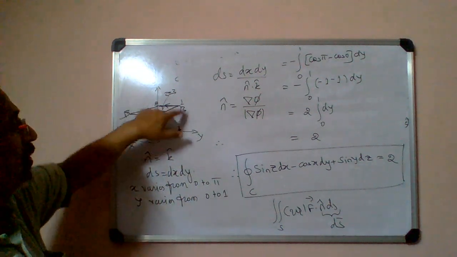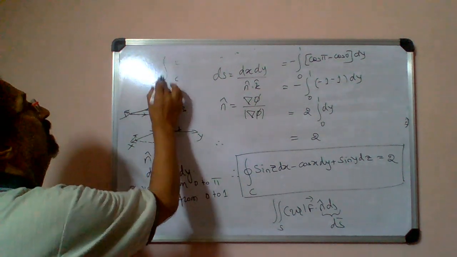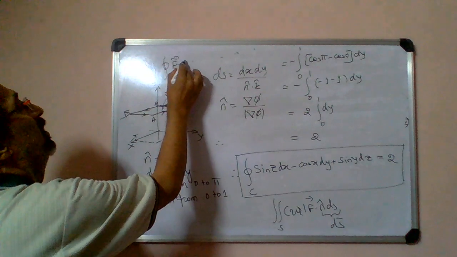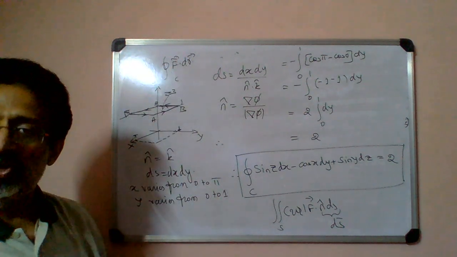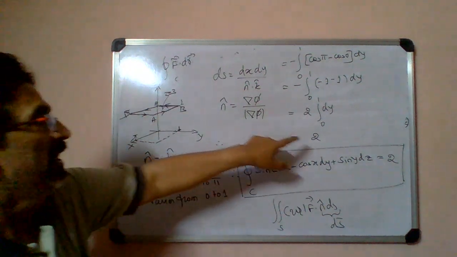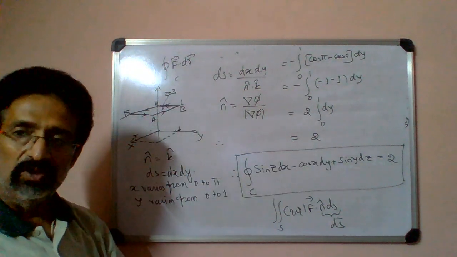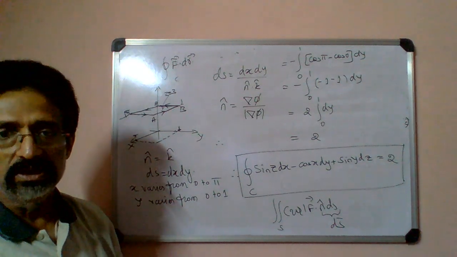That gives me the line integral of F bar dot dr. This value and the answer I got, that 2, should match each other. Only then is the verification done.